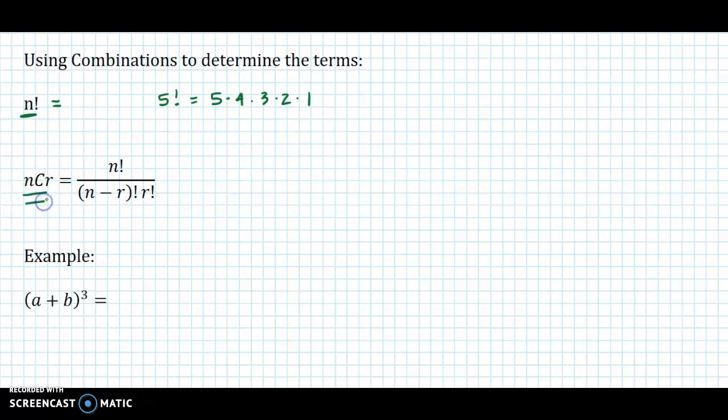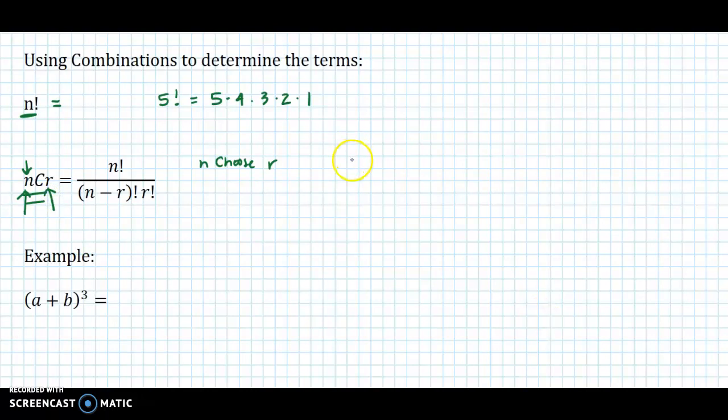Then this is how we calculate the number of combinations. We typically say it n choose r. So out of the total number of items, I want to pick a specific number.